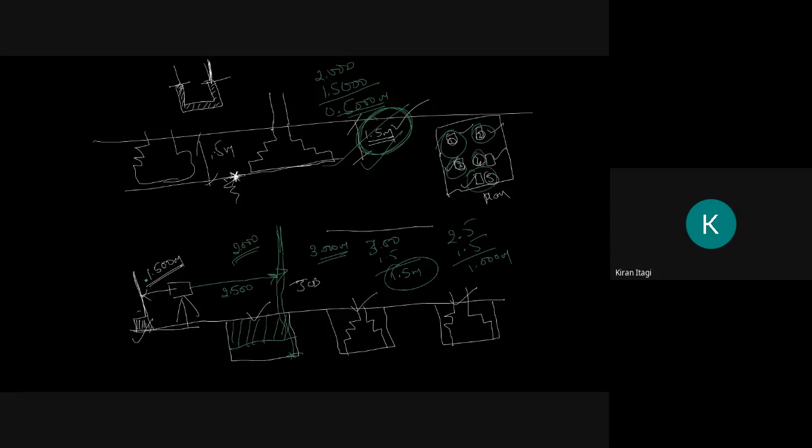So why I am telling why we are doing this is that, see, in normal buildings, the required depth was how much? 1.5 meter. In a normal building, we will have only 12 footings, and the size will be very small, that is 0.9 by 0.9, 1.2 meter by 1.2 meter.